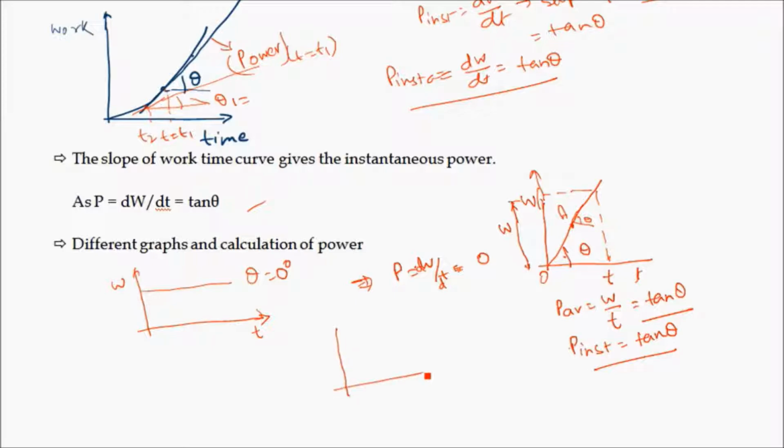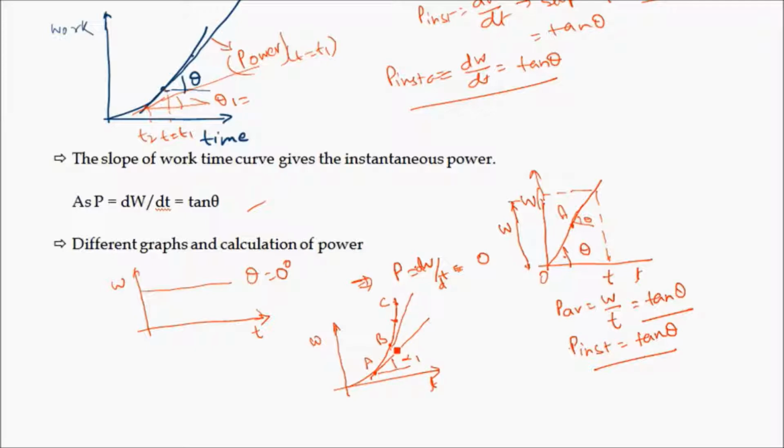Now we consider the third figure, when the W-t graph is a parabolic function. Suppose this is our W-t graph. If I consider four points a, b, c and d, and draw a tangent at point a, it makes an angle alpha 1.